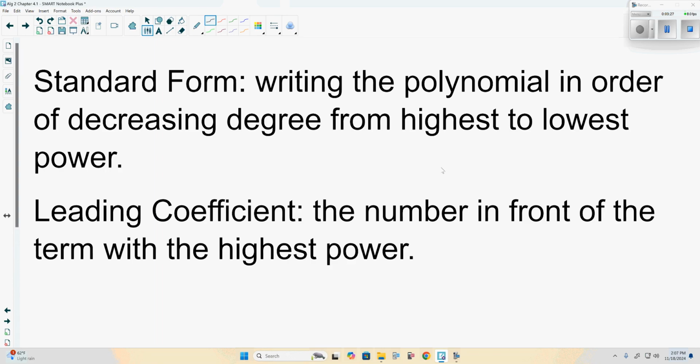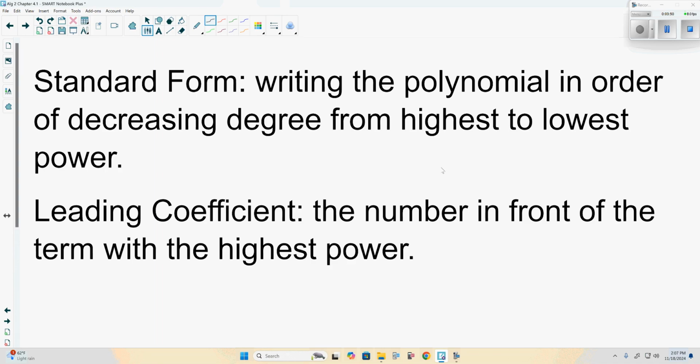That's all standard form is. Leading coefficient is the number in front of the variable with the biggest exponent. That's all the leading coefficient is. All the numbers in front of variables are coefficients, but the leading coefficient is the one in front of the variable with the biggest exponent. So, any questions on this so far?